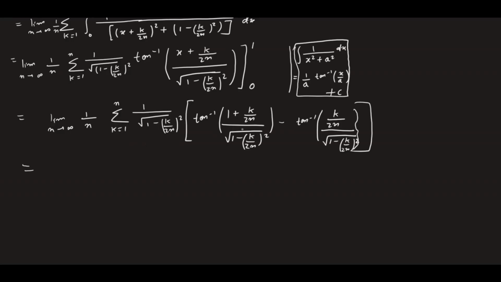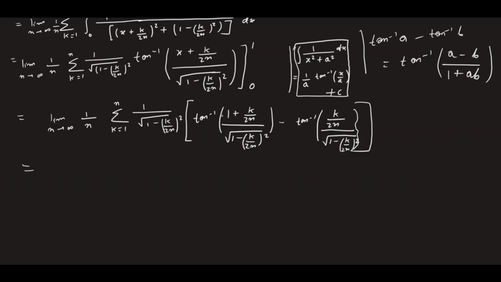Now this is of the form tan inverse A minus tan inverse B, so I can apply the formula. The formula is tan inverse A minus tan inverse B equals tan inverse of (A minus B) upon (1 plus AB).